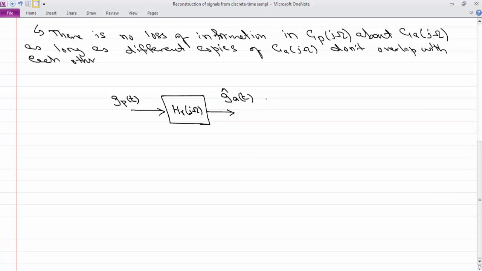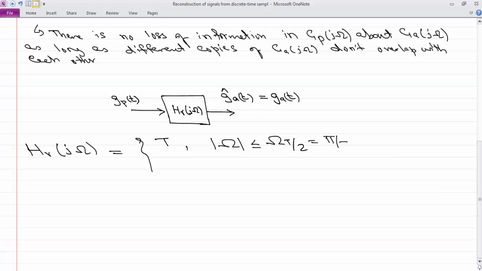This g hat A of t will be equal to g A of t, the original signal that you started with, if the Nyquist criterion was satisfied and if your low pass filter was an ideal low pass filter. So the reconstruction low pass filter, we typically assume that it's ideal. Its height is T for all frequencies less than or equal to the sampling frequency divided by 2, which is pi by T, and it's 0 otherwise.